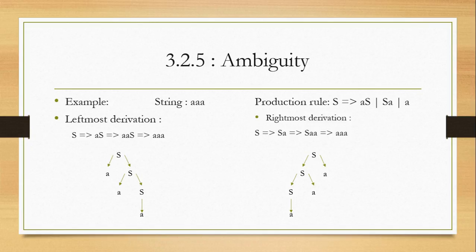The derivation tree is S derives SA, and S derives SA, and S derives A. Look at this. String AAA has more than one derivation, a leftmost derivation and a rightmost derivation. Therefore, this language is ambiguous. Language G is ambiguous.